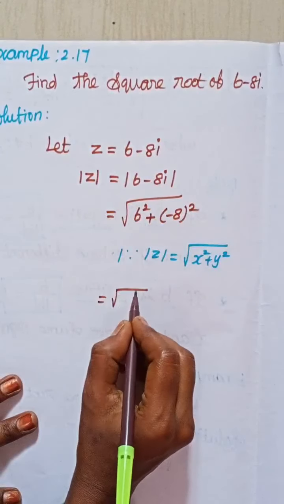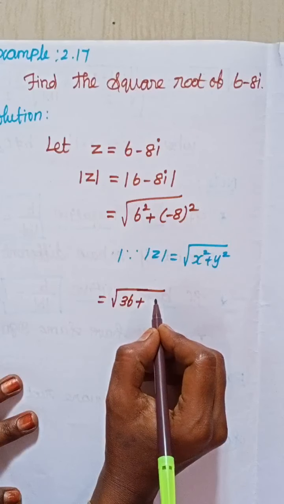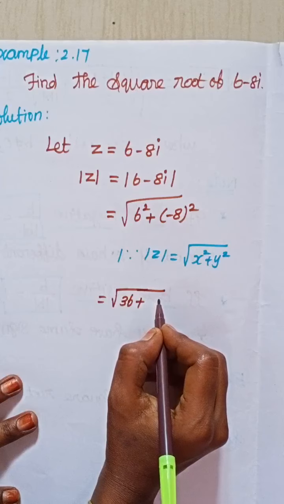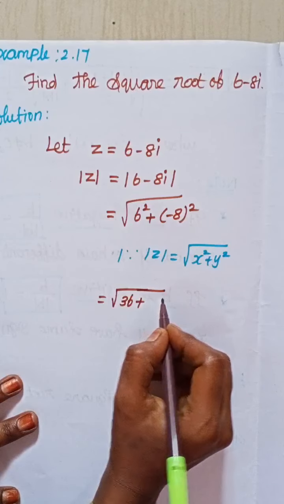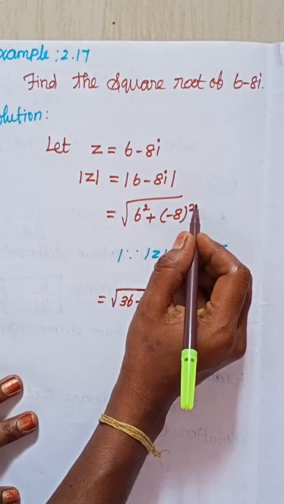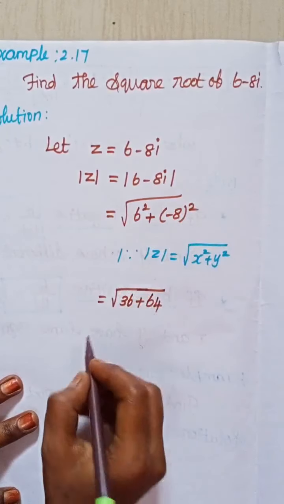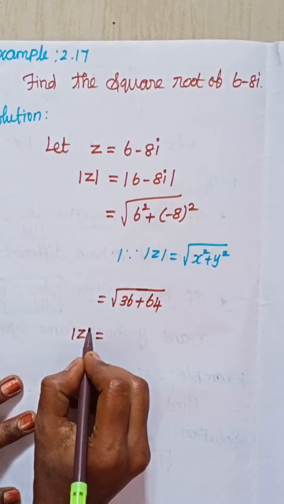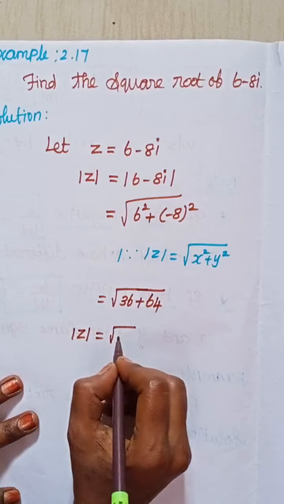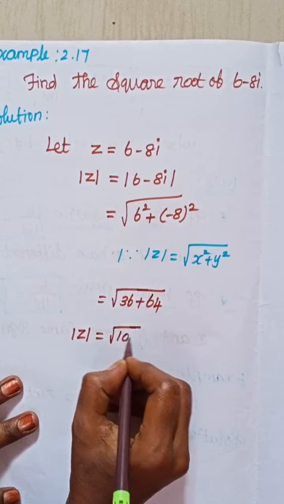Which is equal to square root of 6 squared is 36, plus minus 8 whole squared. Minus into minus is plus, so plus 64. Modulus z equals square root of 36 plus 64, which is 100.